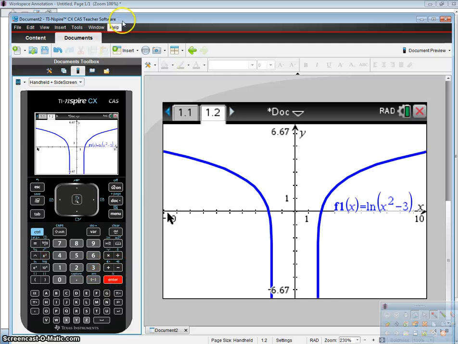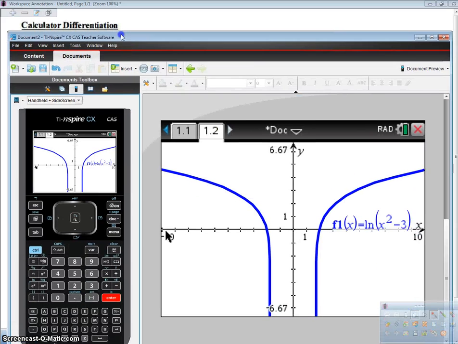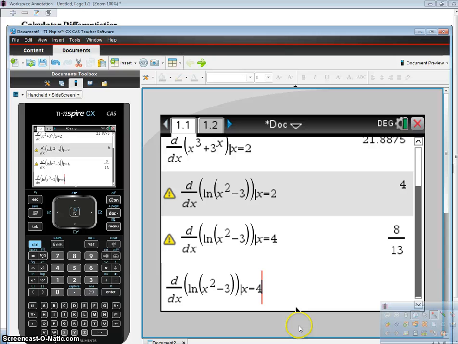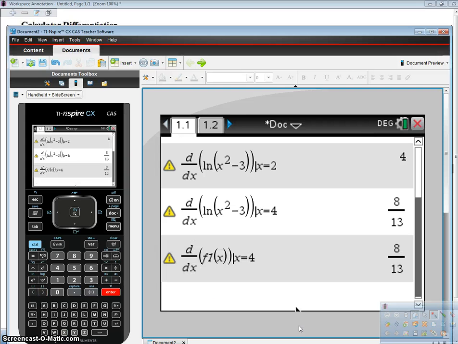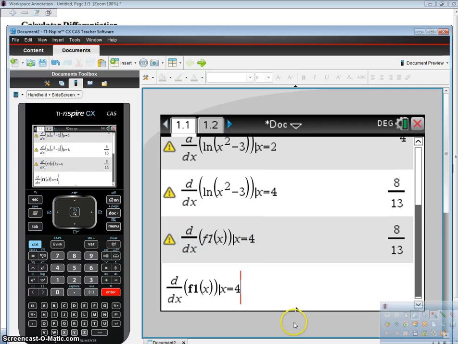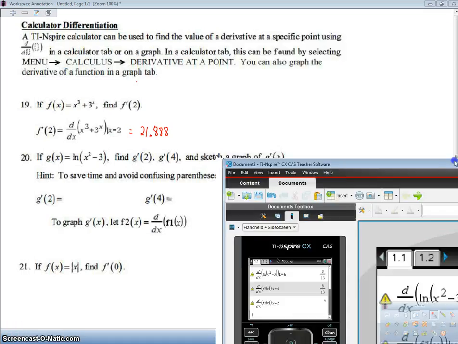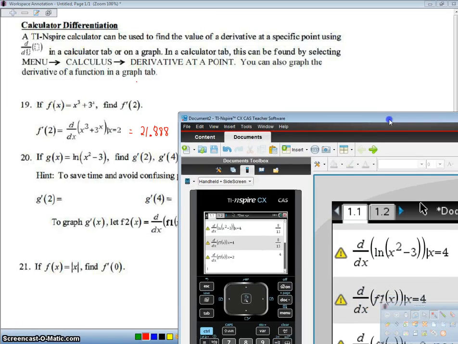All right, so that gives us our graph. And then if we go back to our calculator, and we just plug in here, instead of all these crazy parentheses, f1 of x, boom, gives us the same thing, right? So all we got to do now, if we want to take another one, we just change that guy and we get the answer for that. All right, so that's pretty nice and simple for us.